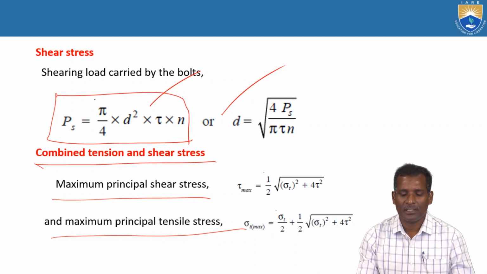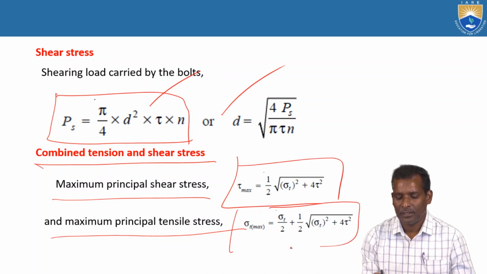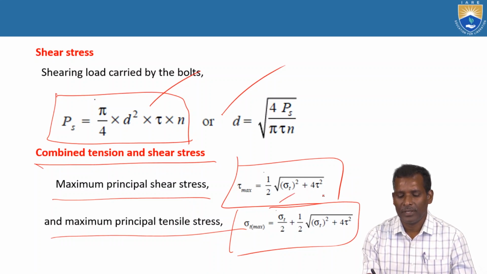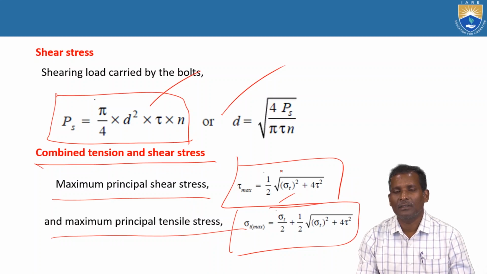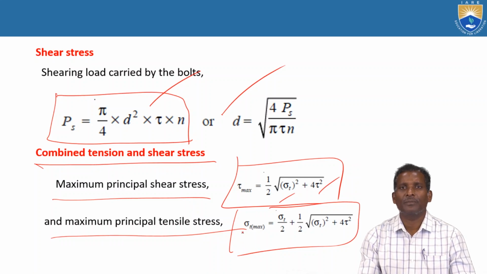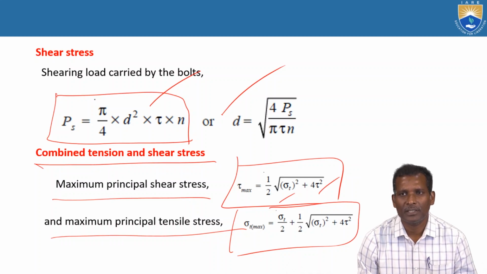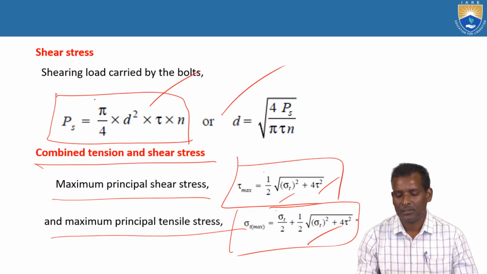The maximum principal shear stress, we have already discussed this relation in earlier sessions: τmax = 1/2 √(σt² + 4τ²), where τmax is the maximum shear stress, and σt is the tensile stress. By using this relation you may calculate the maximum principal tensile stress: σt(max) = σt/2 + 1/2 √(σt² + 4τ²).